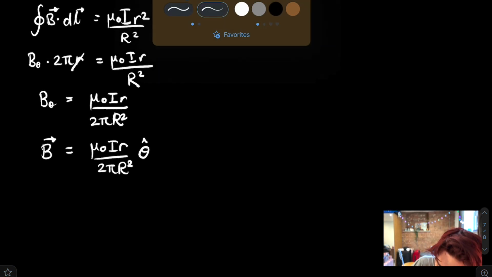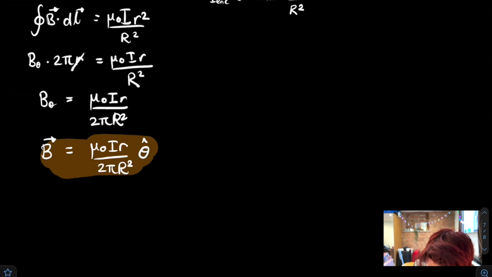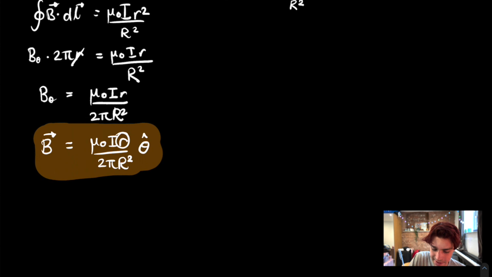And so this is quite an interesting result. This is actually telling us that inside the wire, at greater distances away from the central axis, the z-axis, the magnetic field actually increases.